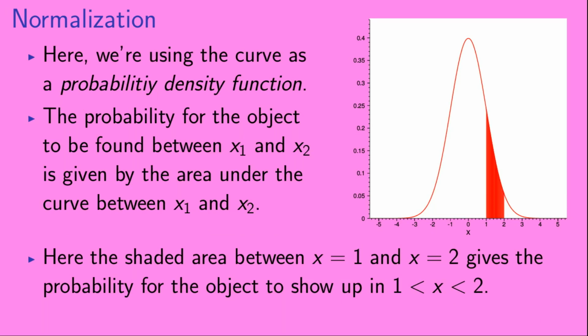So here we're using the curve as a probability density function. The probability for the object to be found between x1 and x2 is given by the area under the curve between x1 and x2. So here, the shaded area between x equals 1 and x equals 2 gives the probability for the object to show up somewhere in the region between x equals 1 and x equals 2.